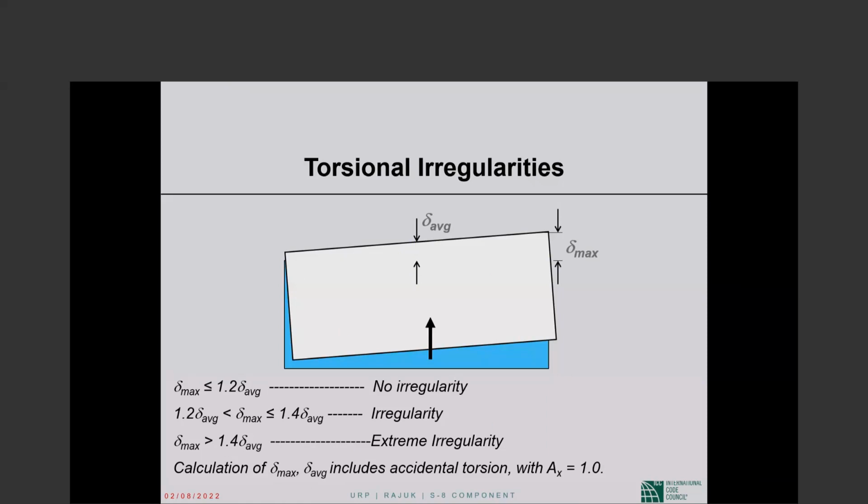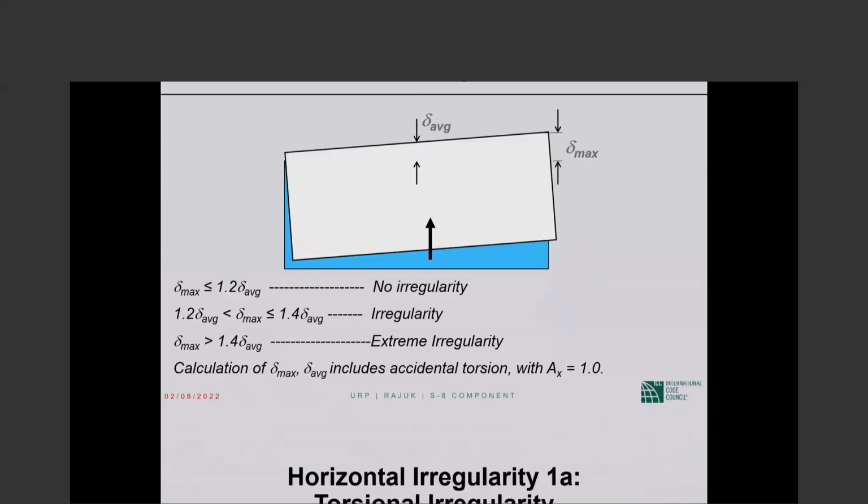If the delta maximum is larger than 140% of delta average, we have extreme torsional irregularity. Okay, so we have defined torsional irregularity 1A and extreme torsional irregularity 1B with this one picture. So up to 1.2, no irregularity. Between 1.2 and 1.4, we have type 1A. Above 1.4, we have type 1B.